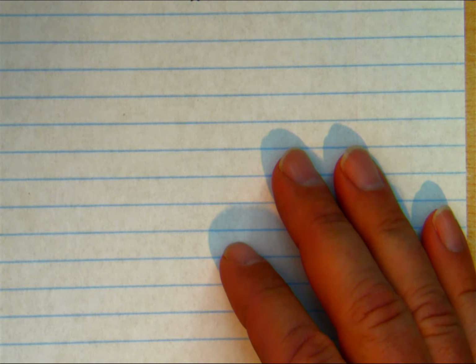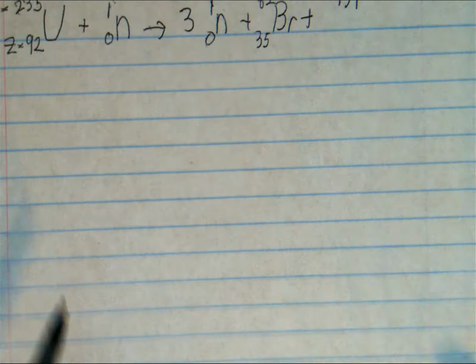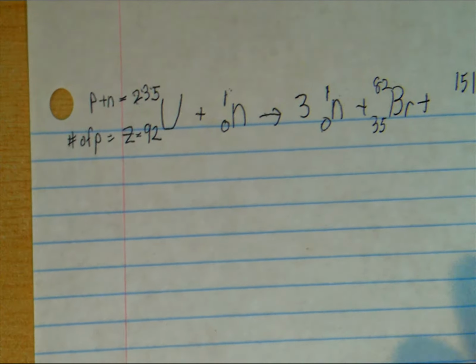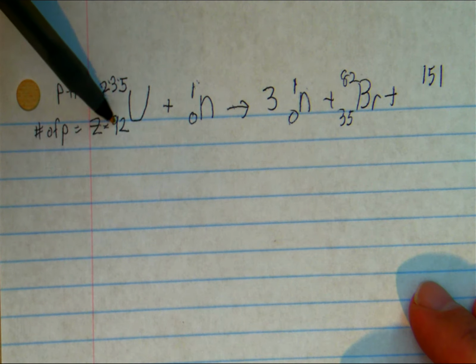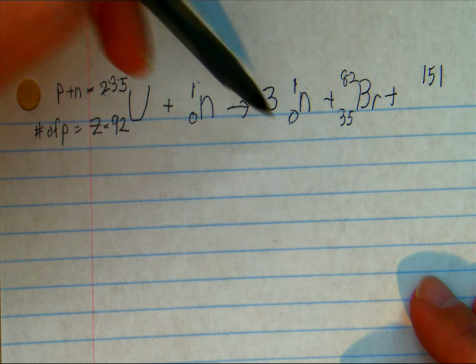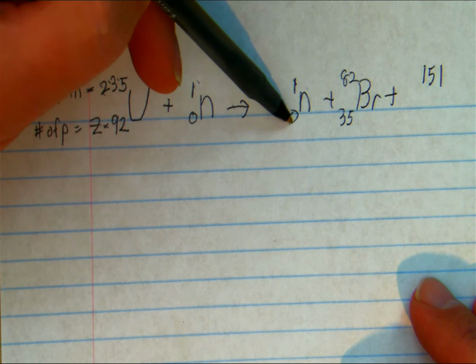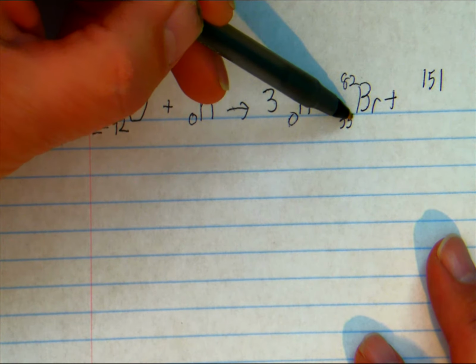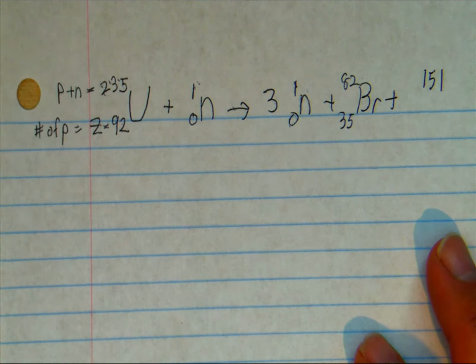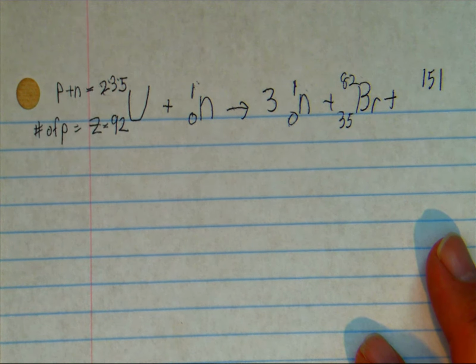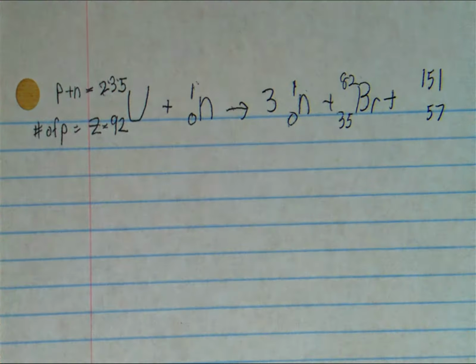We do the same thing on the bottom. On the bottom, and I guess you can't see what I'm writing, huh? On the bottom, I have 92 plus 0 equals 3 times 0, which is still 0, plus 35 plus the number of protons. So if I go 92 minus 35, enter, I have 57 protons.